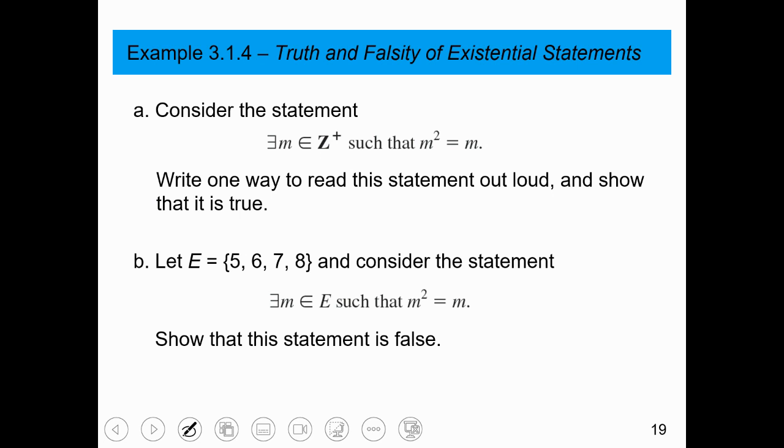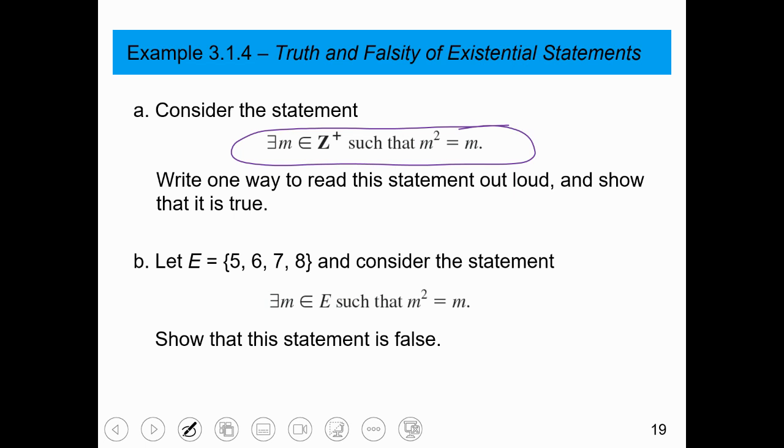Okay, so let's take a look at this statement. It says, write one way to read this statement out loud and also show that it is true. There exists an m in the set of positive integers such that m squared is equal to m.